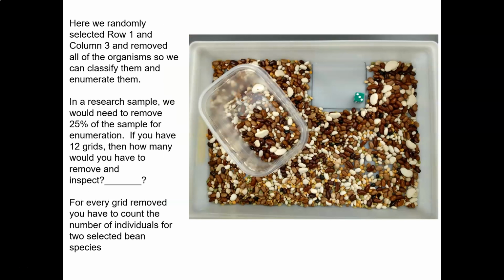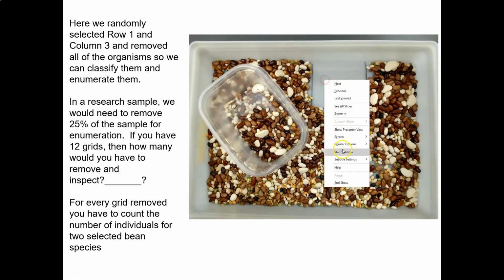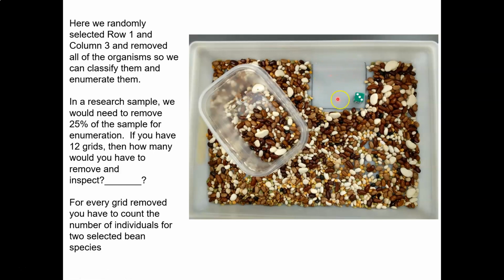In this case we got number 3 and number 1, which corresponds to the third column and row 1. So we looked at the corresponding grid, and we extracted all the beans from that grid back into this box.